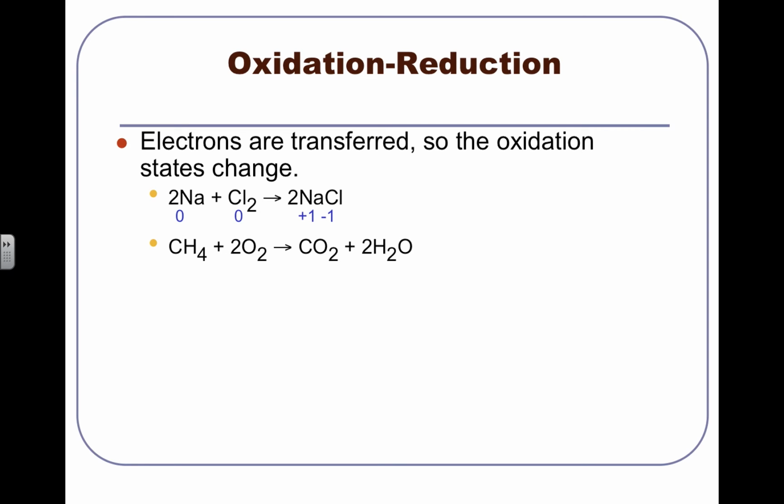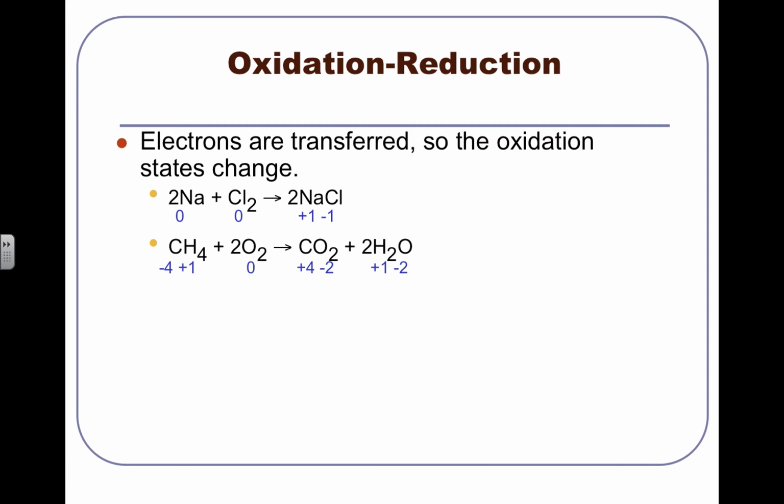So sodium lost an electron; it was oxidized. And chlorine gained electrons, so it was reduced. Since sodium was oxidized but allowed chlorine to be reduced, sodium is the reducing agent. Since chlorine allowed sodium to be oxidized, it is the oxidizing agent.